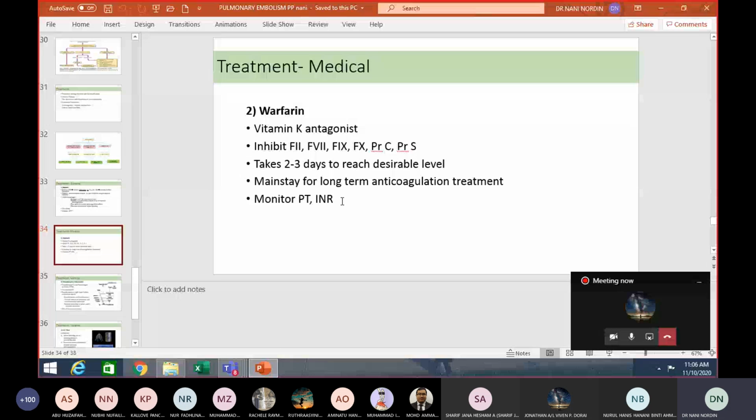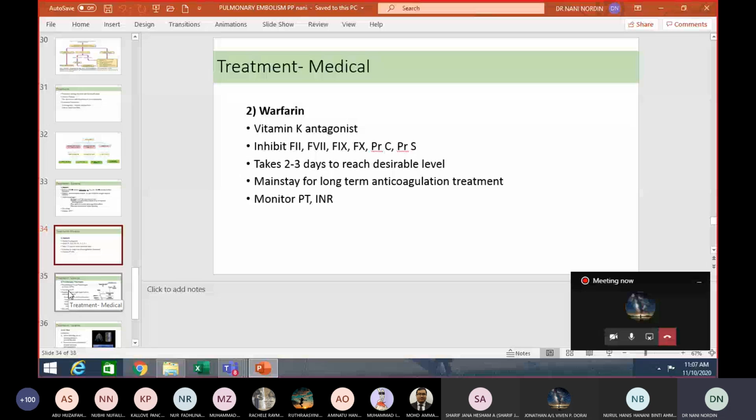But the patient has to come for monitoring of the INR, so you want to aim for an INR of more than 2 usually. If it's less than 2, then you want to work with the dose of the warfarin. But you don't want it to be very high because there is a risk of bleeding. So that is the anticoagulation treatment.